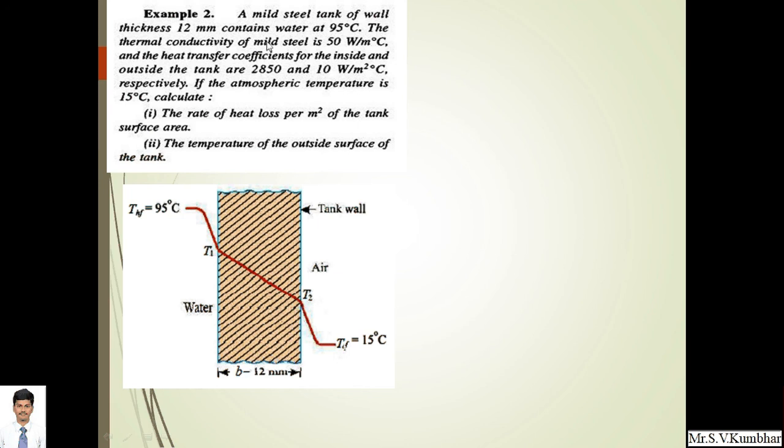The thermal conductivity of mild steel is 50 watt per meter degree centigrade, and the heat transfer coefficients are given for inside and outside. This is the inside part and this is the outside part. So HHF is given as 2850 and HCF is given as 10 watt per meter square degree centigrade. The atmospheric temperature is 15 degrees centigrade, that is the TCF. We have to calculate Q.